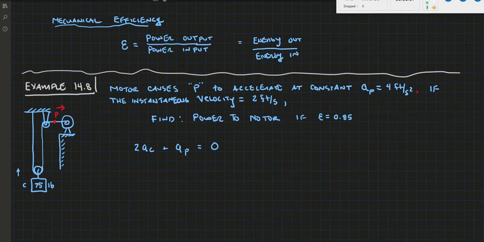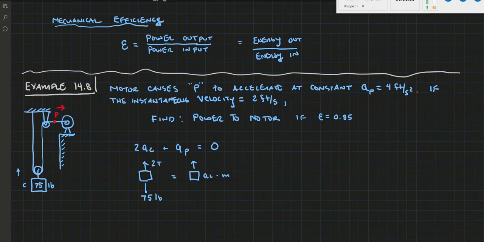Let's look at the free body diagram of C. We're going to end up with 2T pulling on it and a weight, 75 pounds, and this will equal our acceleration of C times the mass. Let's go positive this direction.